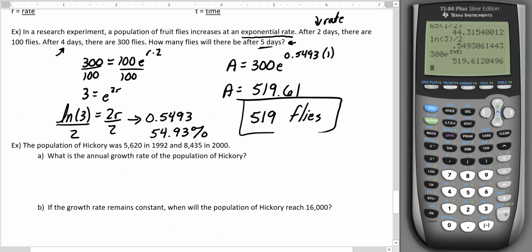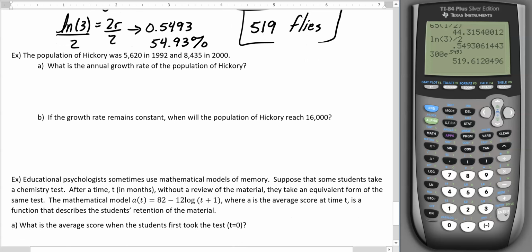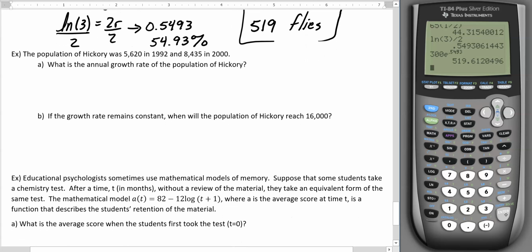So here's another one that's similar, where we need to find the growth rate, and then we can use that to figure out when the population will reach a certain amount. So let's look at this example here. The population of Hickory was 5,620 in 1992, 8,435 in 2000. What's the annual growth rate? So in this one, we're going to solve for r.